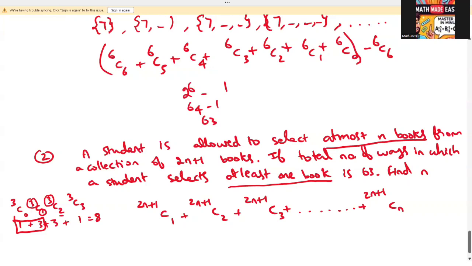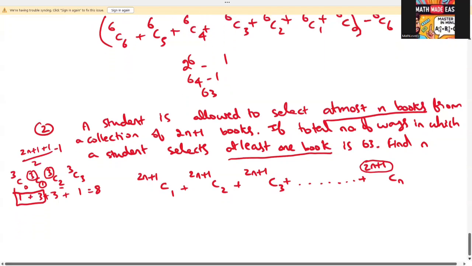So for 2n plus 1, for odd rows, that's a rule: if you do plus 1 and divide by 2, you get 2n plus 2 by 2, which is n plus 1, and then subtract 1. Then your Pascal coefficients will stop at exactly midway.